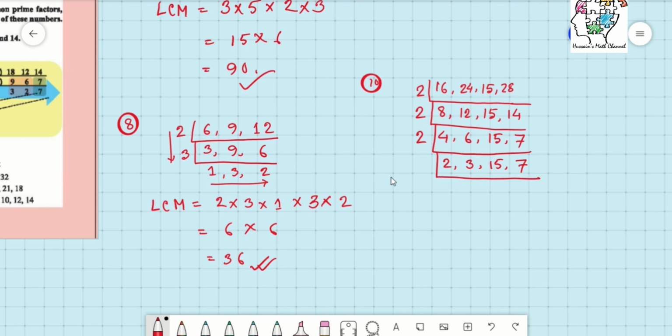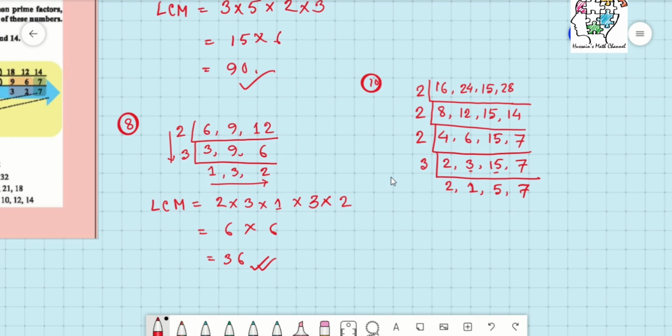Now again we see that we can divide two numbers here, 3 and 15, by 3. So 2 will be as it is, 3 will be 1, 3 1s are 3. We are dividing by 3, so 3 5s are 15, and 7 cannot be divided by 3, so we just write 7.